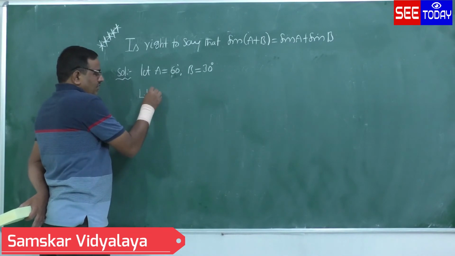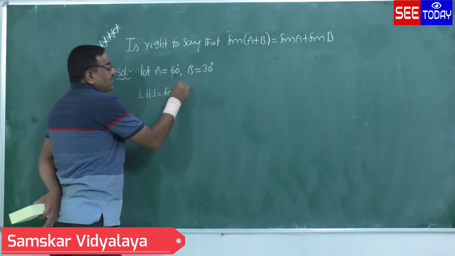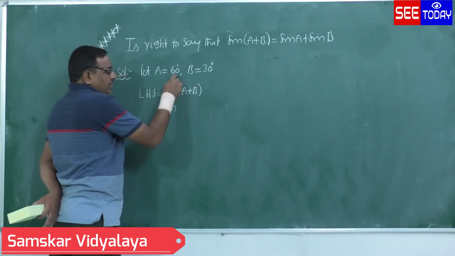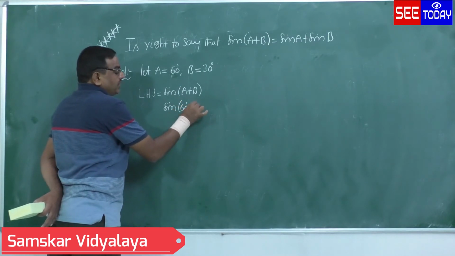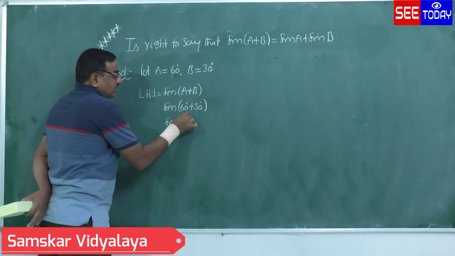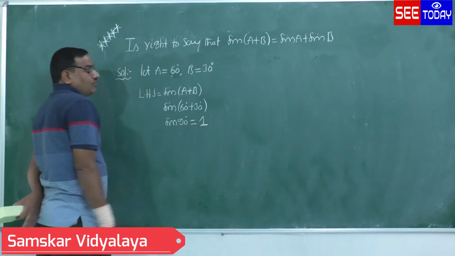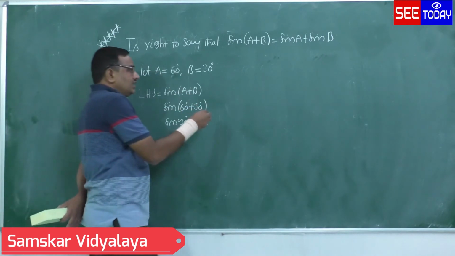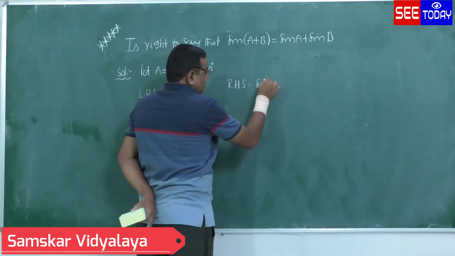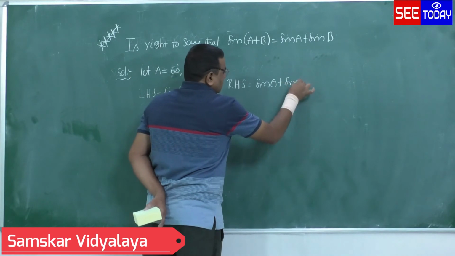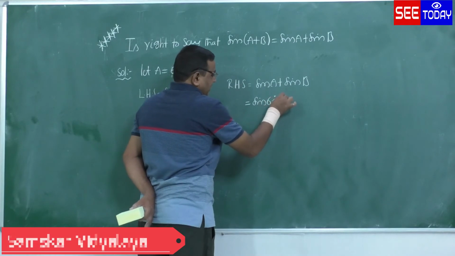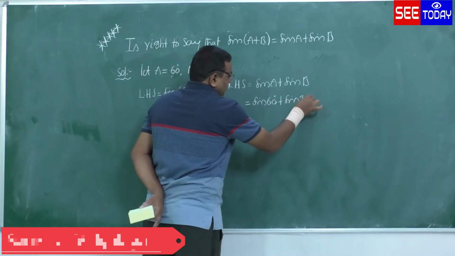LHS. LHS is equal to what? Sin of A plus B. That is sin of, instead of A, you have to take 60 degrees. B is equal to 30 degrees. Sin of A plus B, that is sin 90. Sin 90 is equal to what? 1. What is RHS? Now RHS. RHS is equal to sin A plus sin B. Sin 60 degrees plus sin 30 degrees.